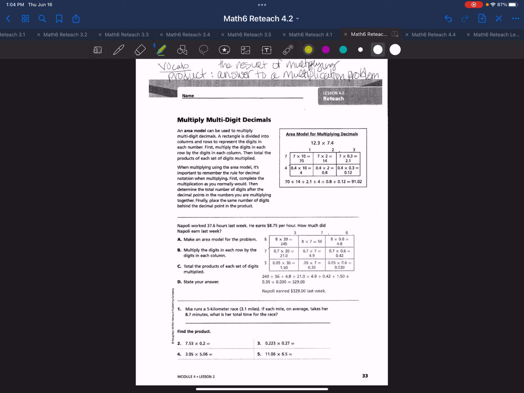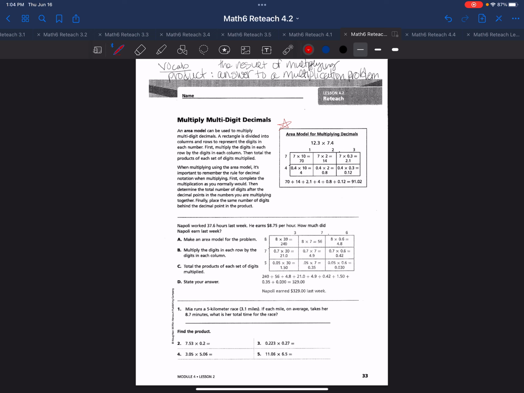Over here to the right, this is an area model for multiplying decimals. That is one way you can do that. It is a rectangle that is divided into columns and rows to represent the digit in each number, meaning we're dealing with place value here.